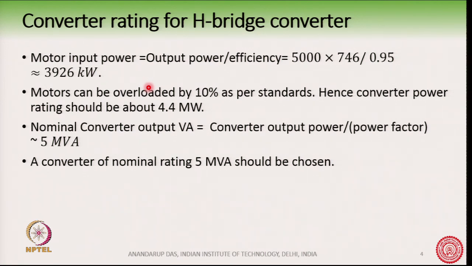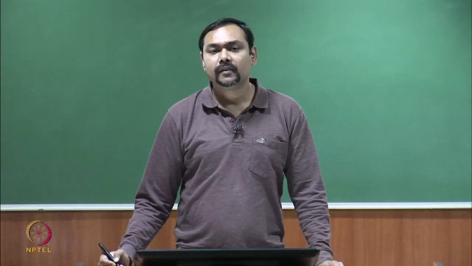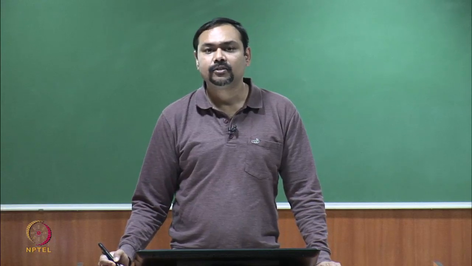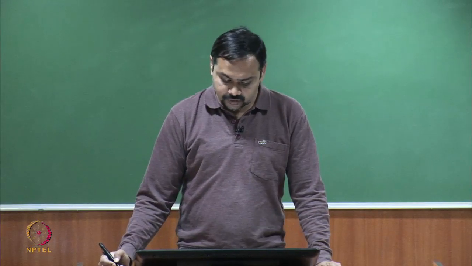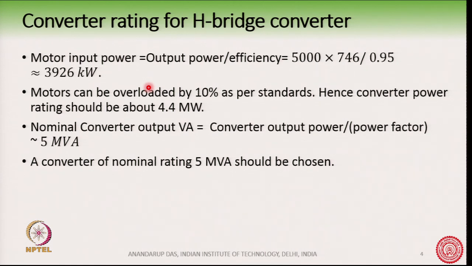There are several standards, for example the NEMA standard, which say that the motors should perform with the full specification if the load torque is 10% over the nominal torque. So, this is often stated.